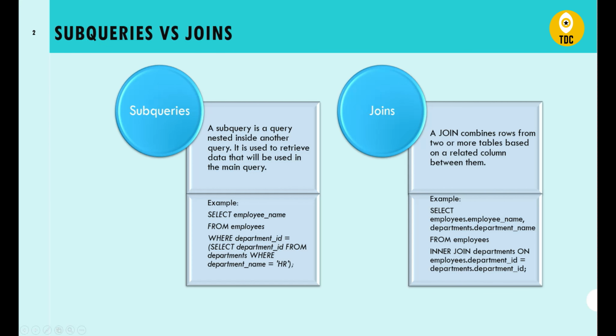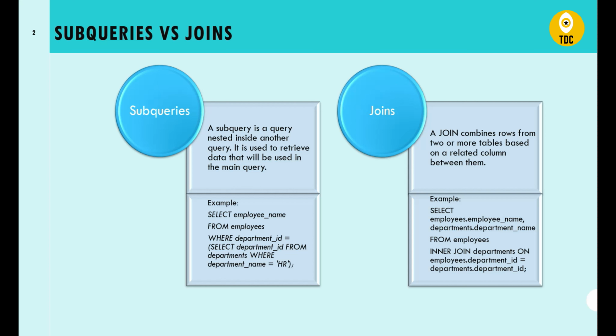Before we jump to the differentiation, let's understand what exactly a subquery and a join are. A subquery is nothing but a query nested inside another query. It can be multi-level also, so the nesting need not be one level. There can be a query inside query one, and then query two inside query three, and so on.